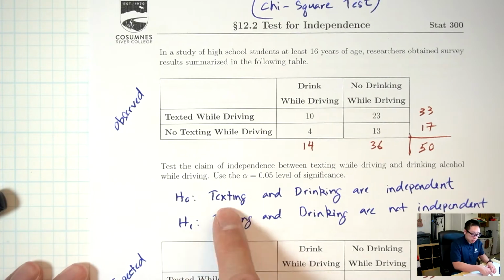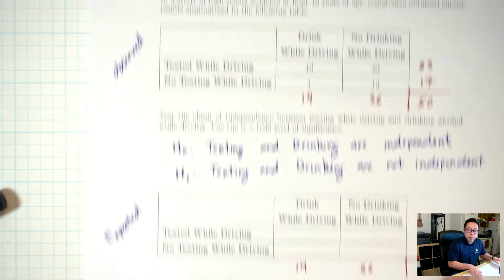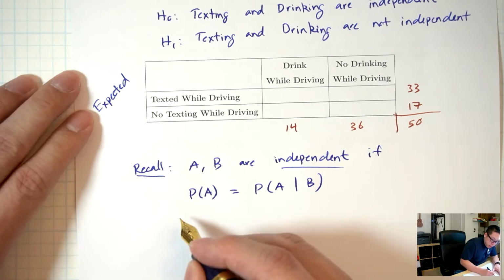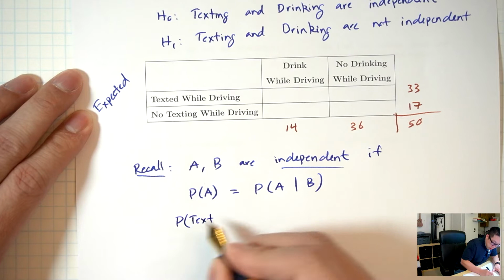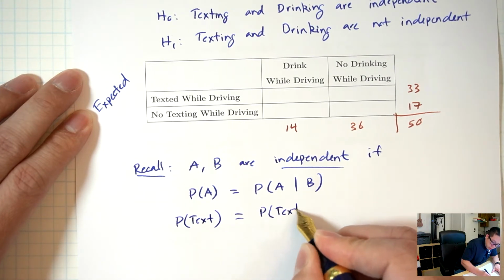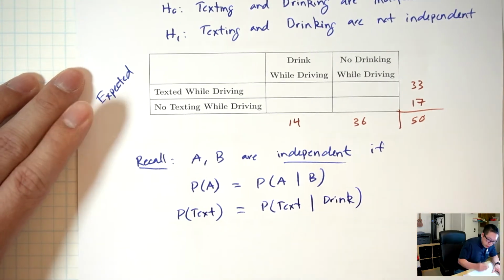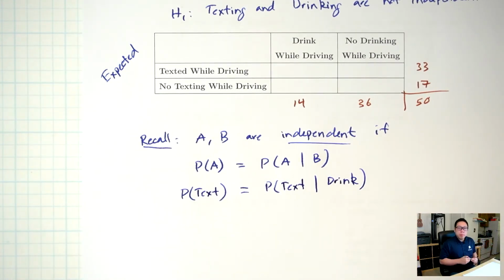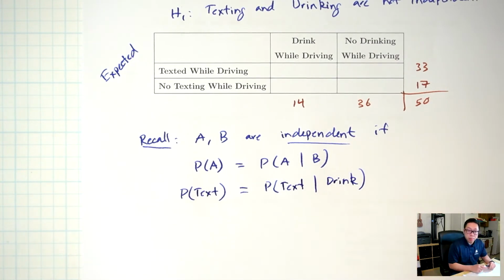In this case, let's write in what A means and what B means. We were talking about texting and drinking, so let's let A be texting and B be drinking. So what this really says is probability of text equals probability of text given drink. And let's write down what the probabilities are on the left side and on the right side based on this table.